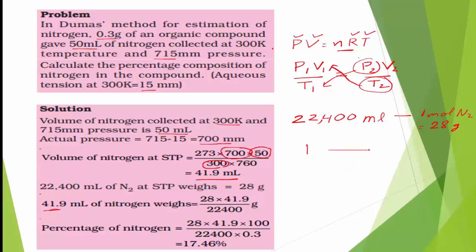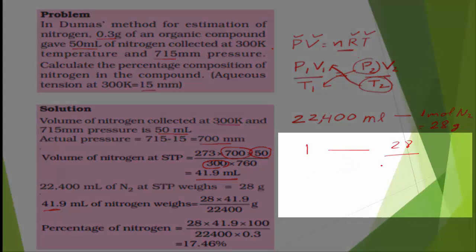Simple: in 1 ml you will have 28 divided by 22400, and similarly in 441.9 ml you will have 28 divided by 22400 into 441.9. This was the weight.